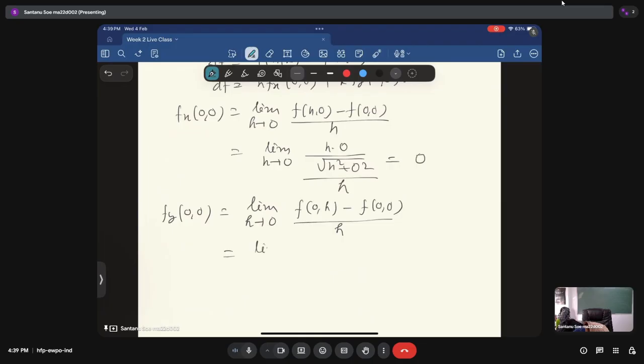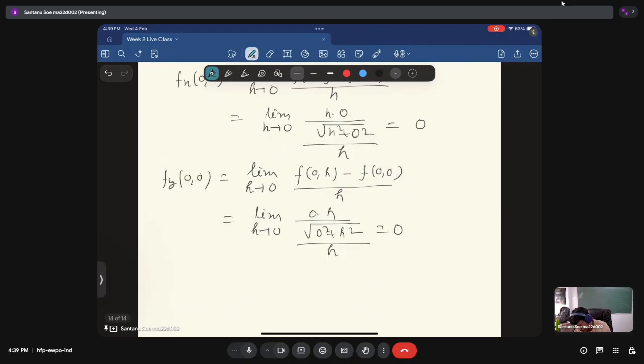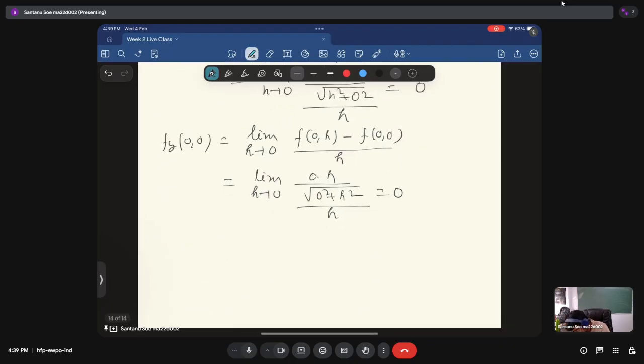So this is same as limit h tends to 0, 0 times h divided by square root of 0 square plus h square, divided by h. This is also 0. Correct? So df equals 0 and delta f is nothing but f of h comma k.